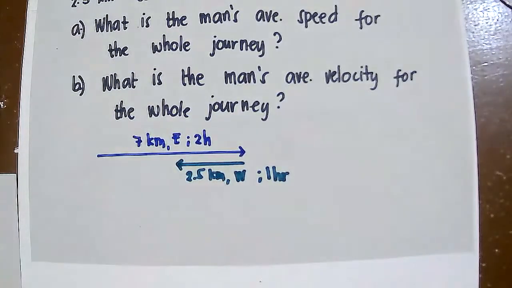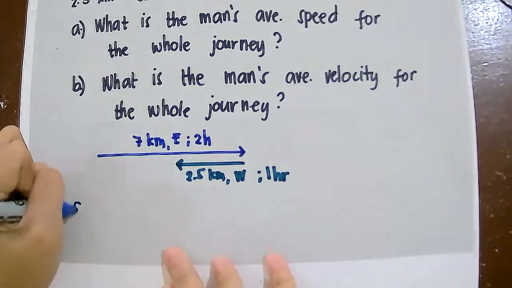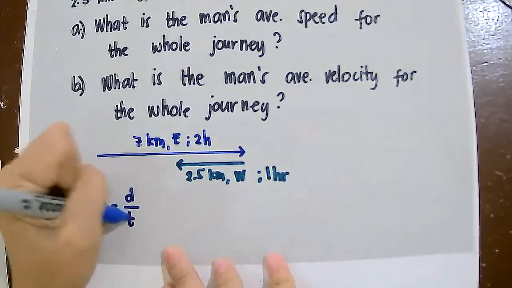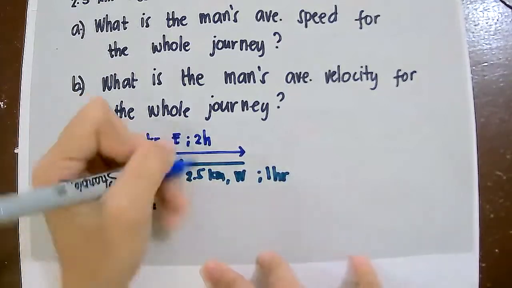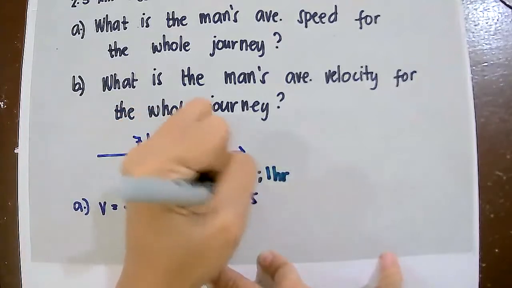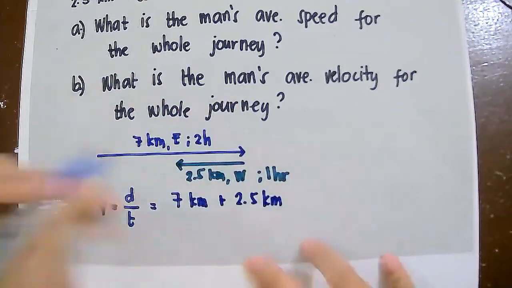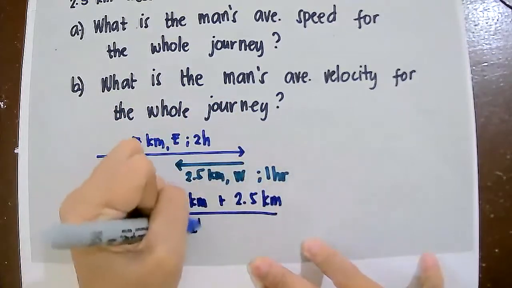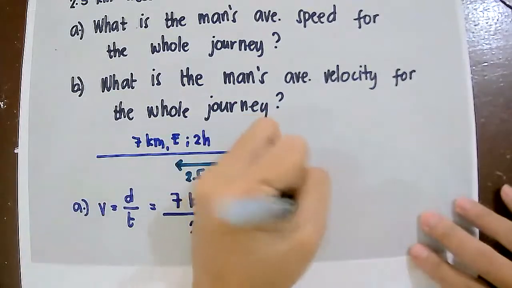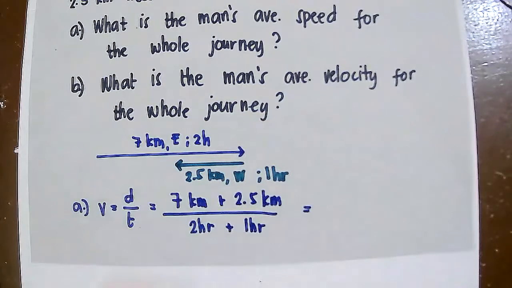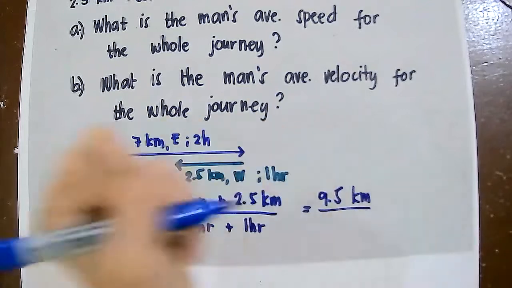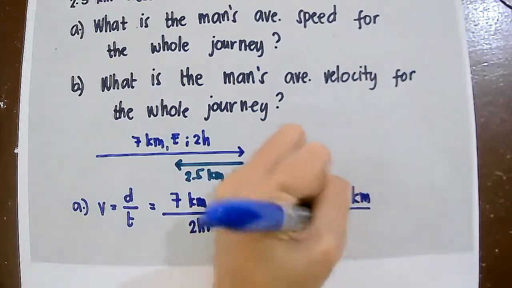So to solve for your speed, again, your formula is distance over time. You just add: you have 7 km plus 2.5 km over 2 hours plus 1 hour. So you will get 9.5 kilometers over 3 hours.